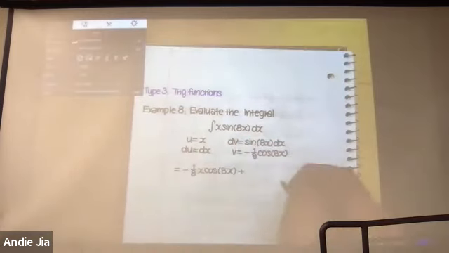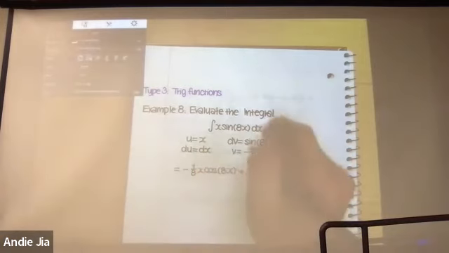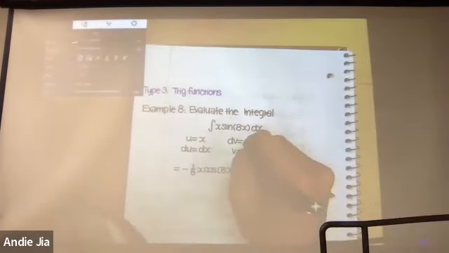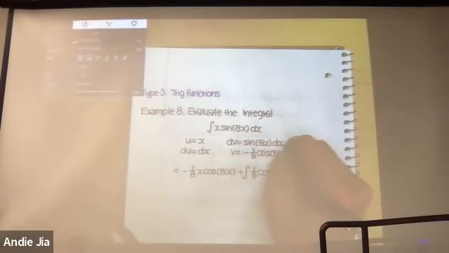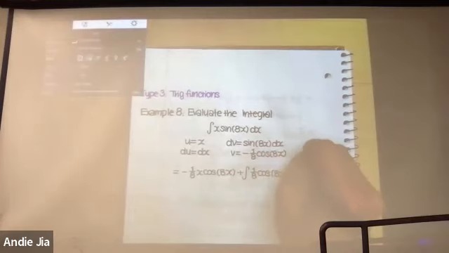Make sure to swap the sign again. It's going to be plus 1 over 8 integral of cosine of 8x dx.